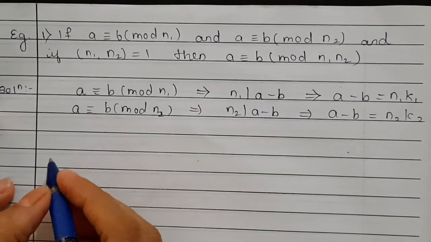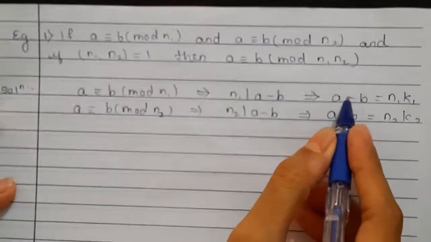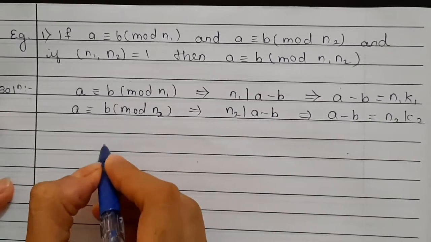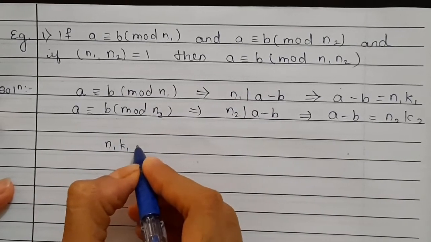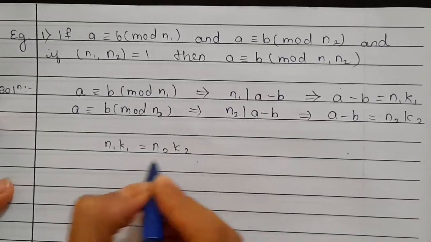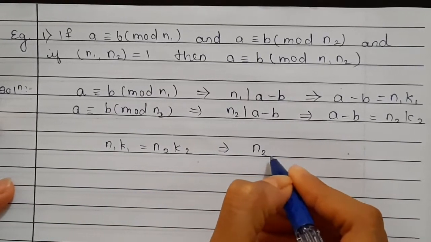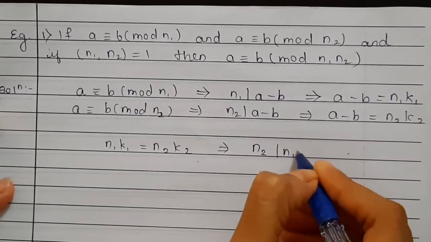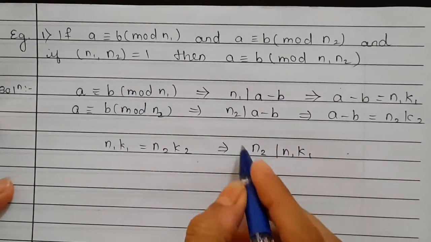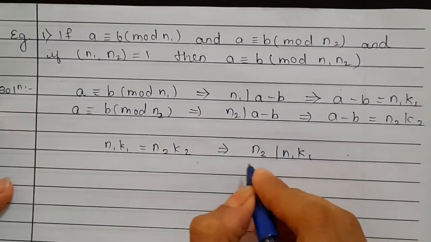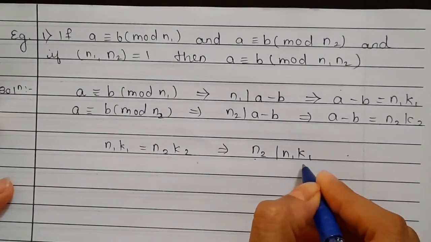Now we equate these two equations, so we get n1 k1 is equal to n2 k2. Now from this, n2 divides n1 k1, and we are given GCD of n1 and n2 is equal to 1, therefore n2 divides k1.